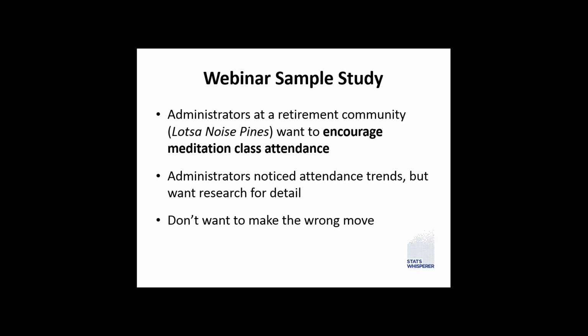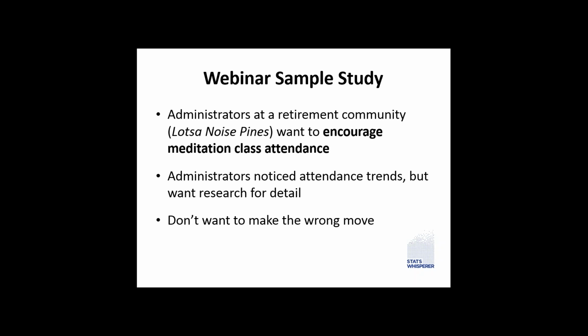In this sample study, we'll be going into it more in depth later, but we have administrators at a retirement community, named Lots of Noise Pines, and they want to encourage meditation class attendance. I guess that's self-evident why, right? The administrators have noticed some trends, but they want research for detail.